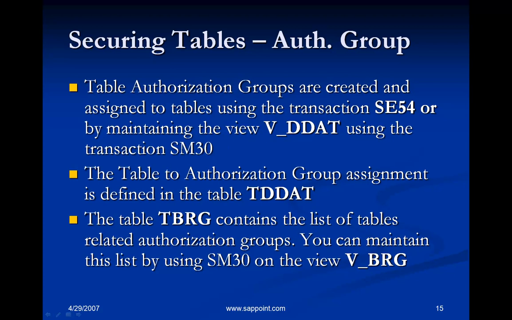The table to authorization group assignment is defined in the table TDDAT, and the view for this is V_TDDAT. Now, the table TBRG contains the list of table related authorization groups.